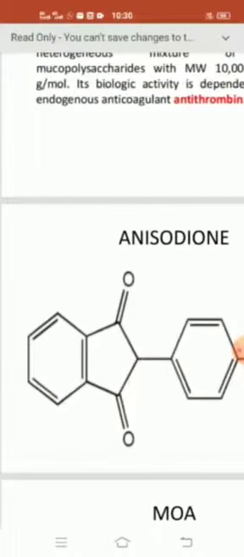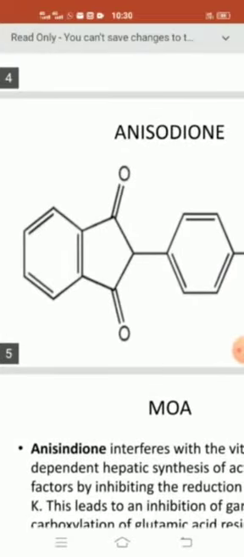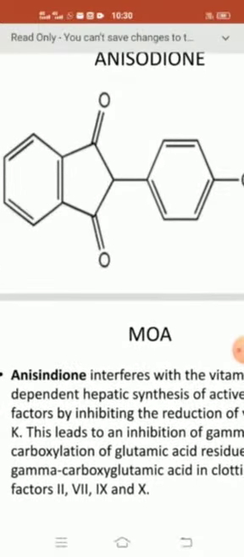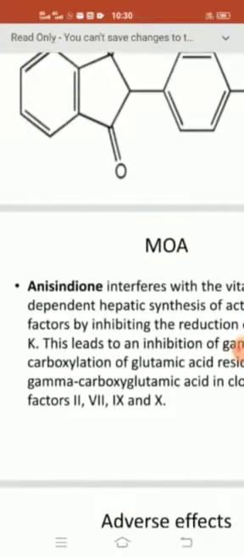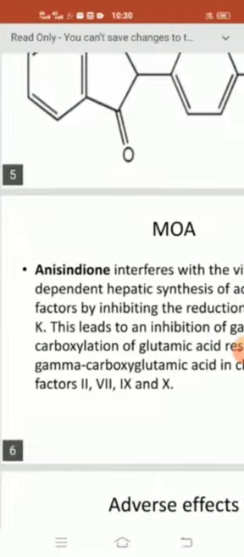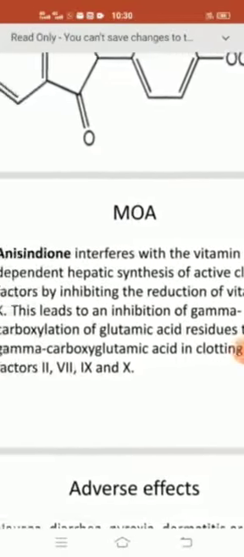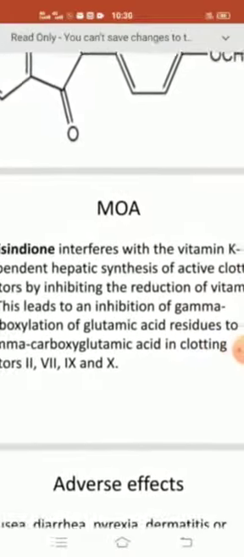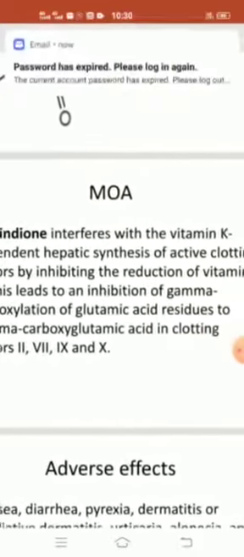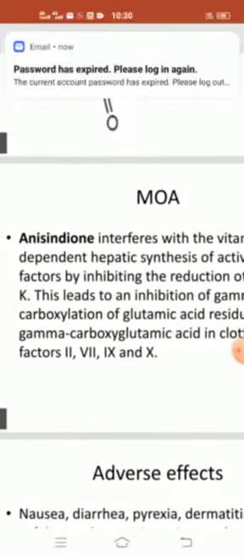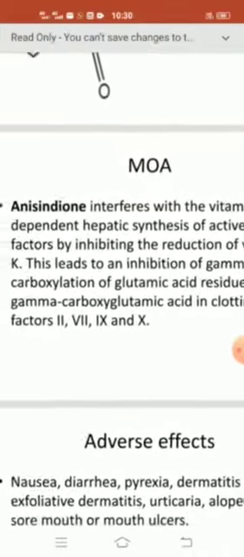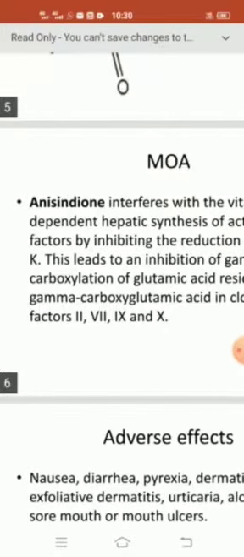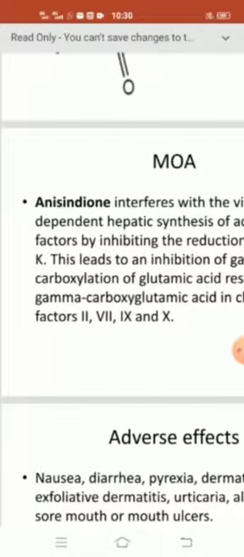Okay. So these are some of the drugs that are mentioned in your syllabus, that is anisindione. You can go through the structure very carefully. The mechanism of action of anisindione is that it interferes with the vitamin K dependent hepatic synthesis of active clotting factors by inhibiting the reduction of vitamin K. This leads to an inhibition of gamma carboxylation of glutamic acid residues to gamma carboxyglutamic acid in clotting factors 2, 7, 9 and 10.